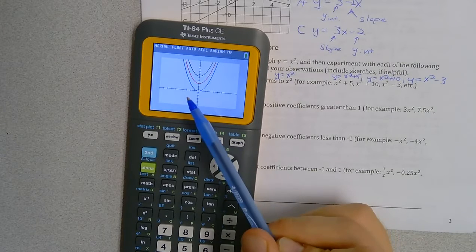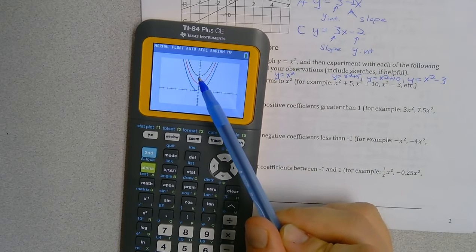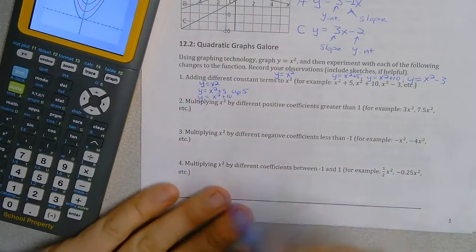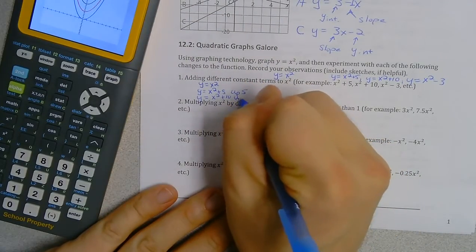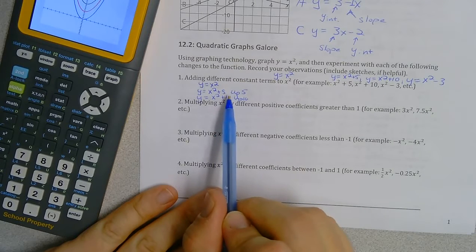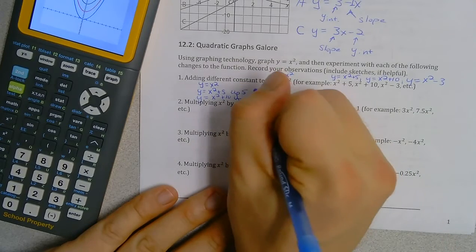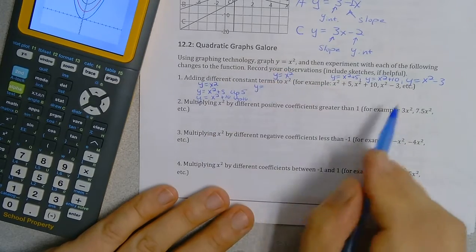Here I can tell that from y equals x squared to y equals x squared plus 10, we shifted up 10. So again, this went up 10. It seems like the number I add on the end is just going to be my y-intercept, similar to linear functions. But let's double check that with what happens if I subtract.